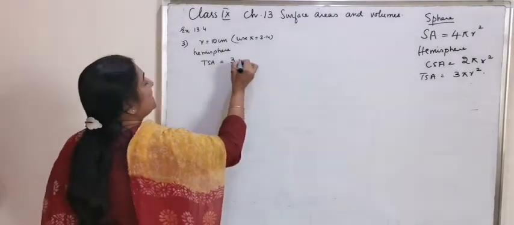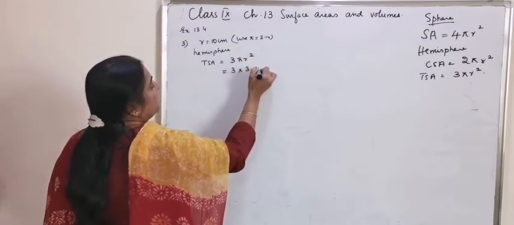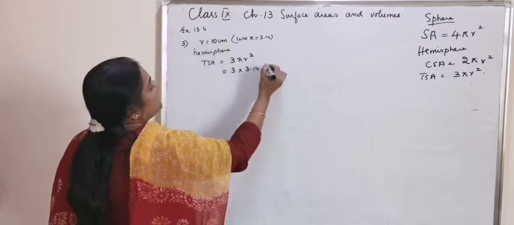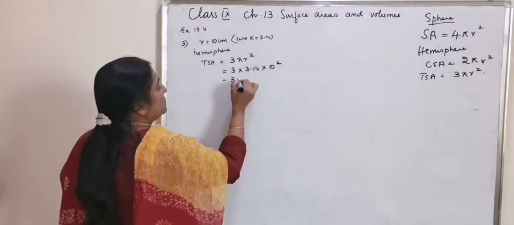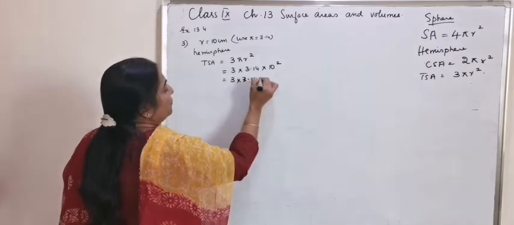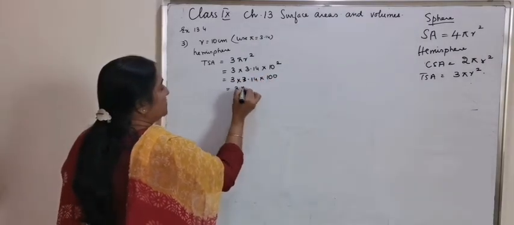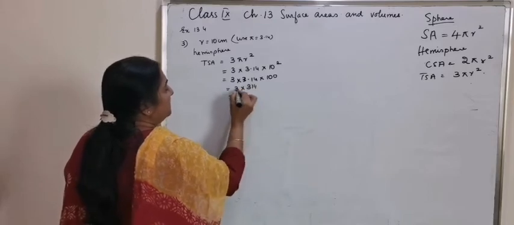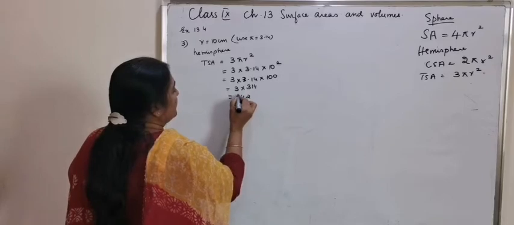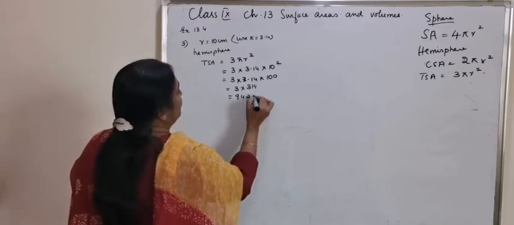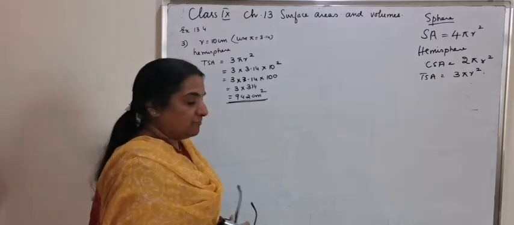It is 3 pi r square, which is equal to 3 into 3.14 into 10 square, which is equal to 3 into 3.14 into 100. The two places of 0, so it becomes 3 into 314, 4 3s are 12, then 3 1s are 3 plus 1 4, 3 3s are 9, 942 centimeter square. That is question number 3.